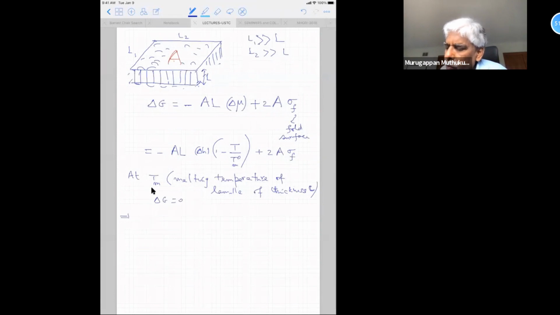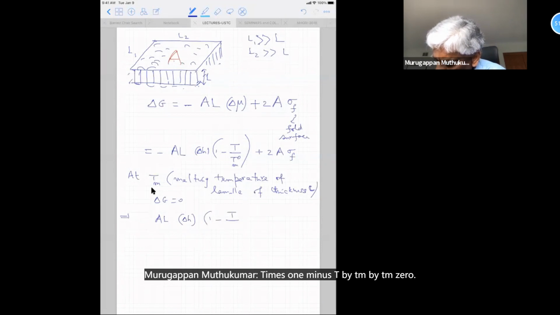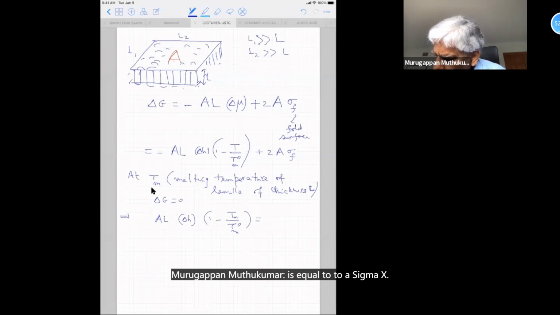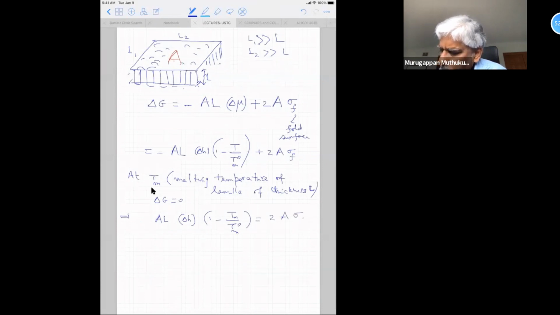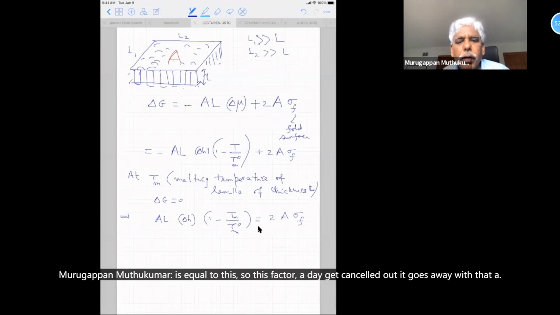Therefore, what I get is: A L delta H times 1 minus Tm by Tm0 is equal to 2A sigma F. Okay, so this factor A cancels out. This A goes away with that A.